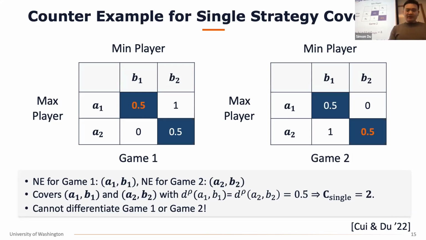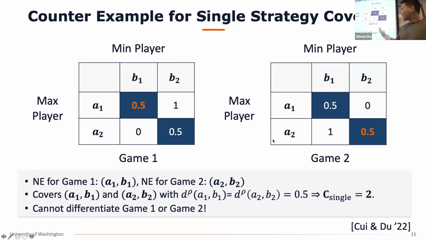Let's consider 2 games. In the first game, if the max player chooses A1 and the min player chooses B1, then the reward is 0.5. If we choose A1, B2, the reward is 1; A2, B1 is 0; A2, B2 is 0.5.